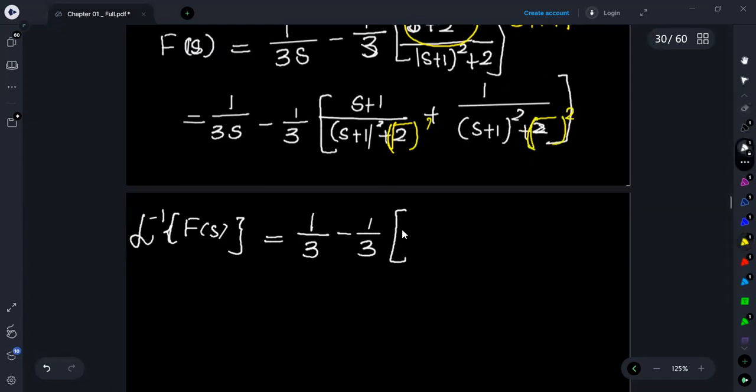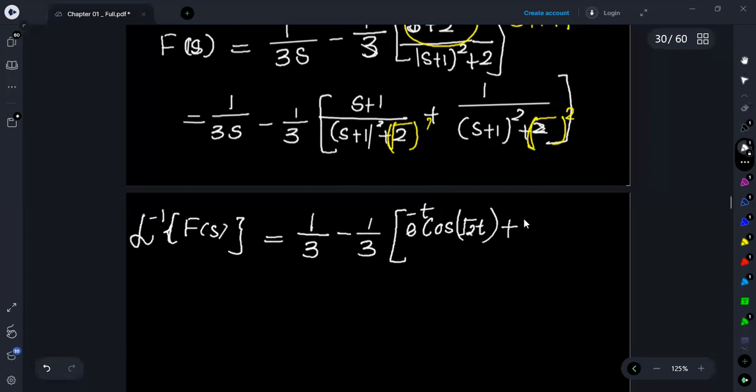So we can see that this is cos square root of 2t, but since here s is replaced by s plus 1, we have to multiply this by e to the power minus t.